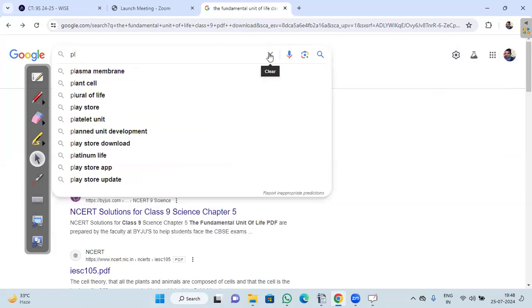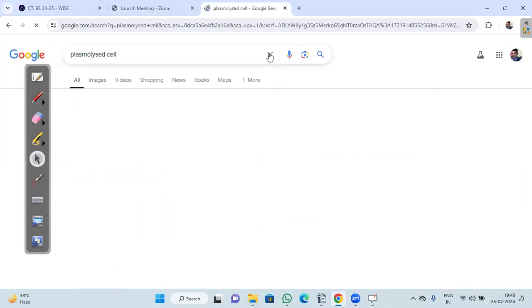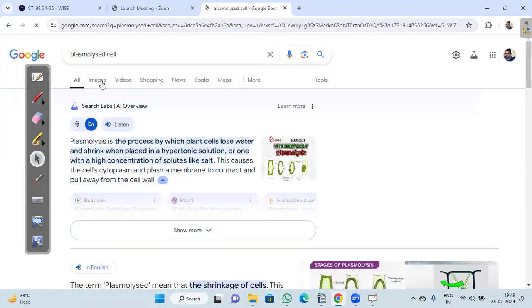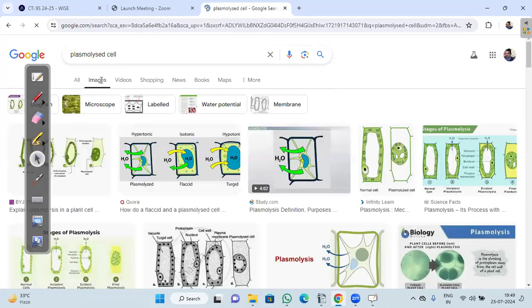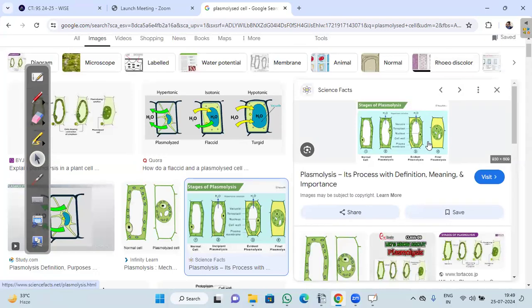Sir, a plasmolyzed cell means the cell in which osmosis is occurring? The cell in which plasmolysis has occurred and the plasma membrane has shrunken. So see here, this is a plasmolyzed cell. Here also you can see how the plasmolysis has occurred.